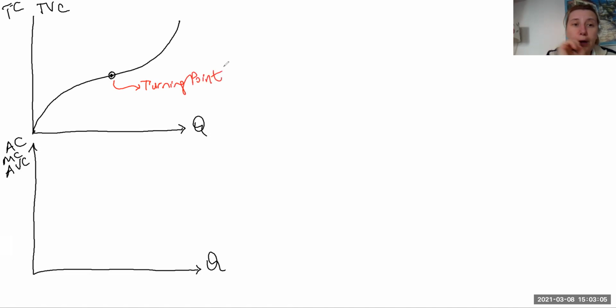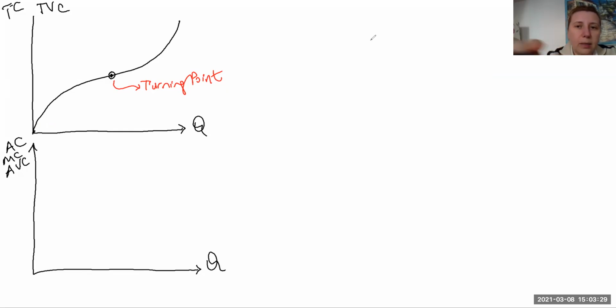This turning point means that here we have two parts. Please try to see that. In the first part, the total variable cost is increasing diminishingly. And after this turning point, it starts to increase increasingly, not diminishingly.